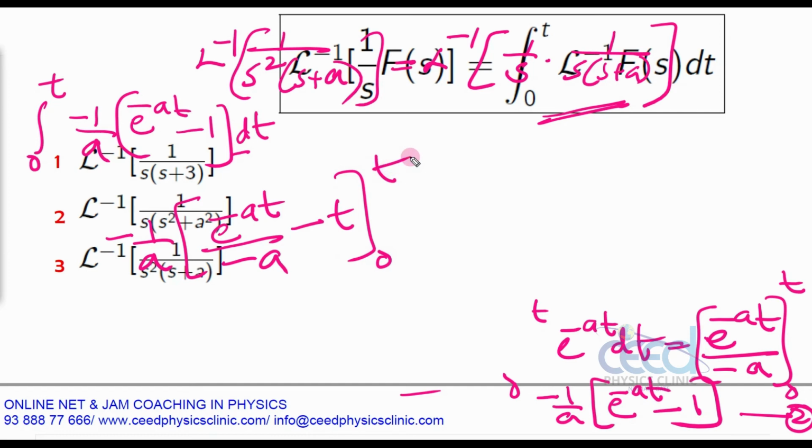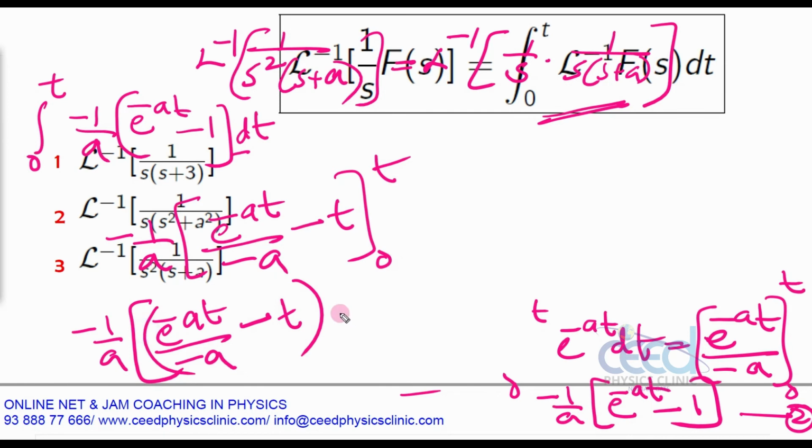So minus 1 by a into, if I am substituting t, e raised to minus at by minus a minus t. When substituting the lower limit 0, that part will be e raised to 0, that is minus 1 by a.